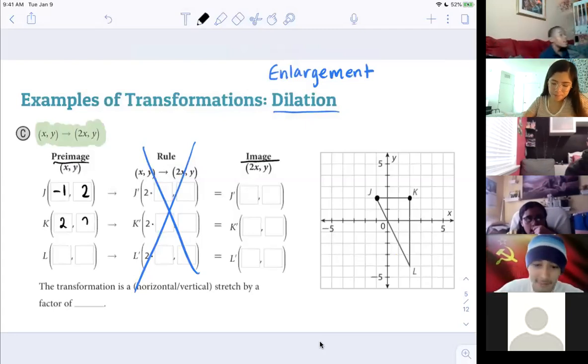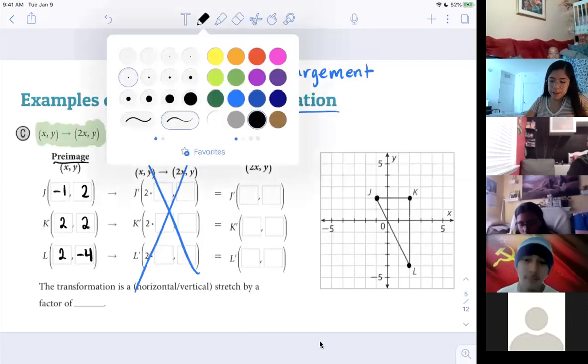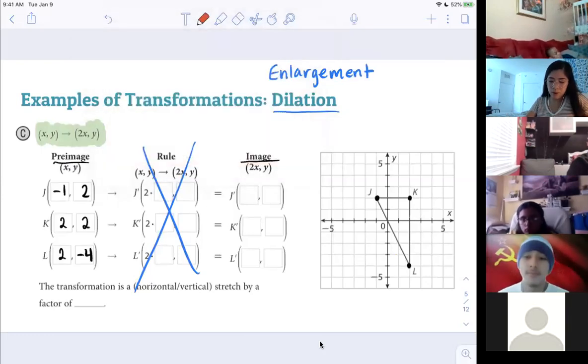Nice job, Eric. And L? 2, comma -4. Good job. Okay. Now I'm going to make my image. I have to multiply the x value by 2, and then the y value stays the same. So for J prime, I have to do -1 times 2, which is?